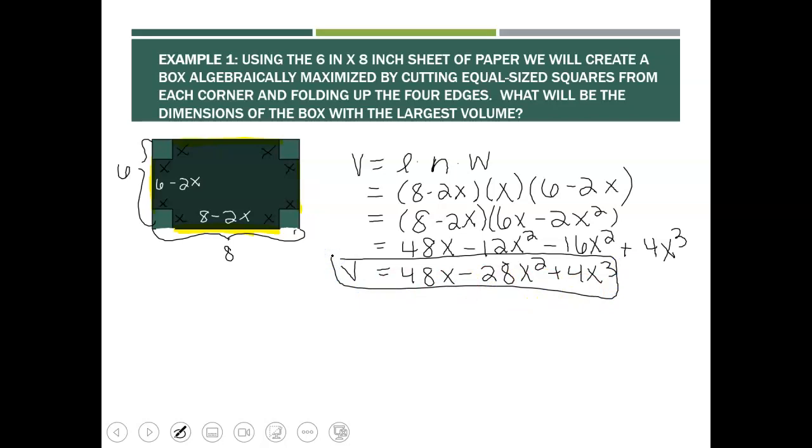So the volume, with no x value, if we don't know what we made the height, is 48x minus 28x squared plus 4x cubed. Again, to maximize or minimize anything in calc, we find the derivative.